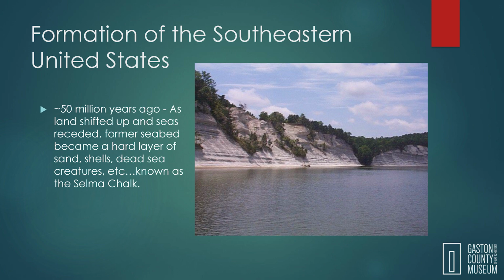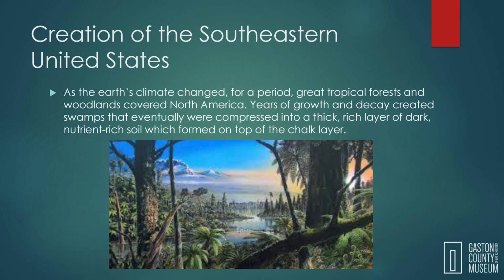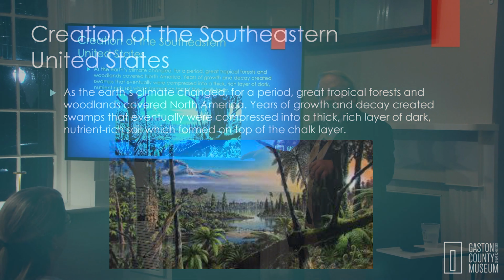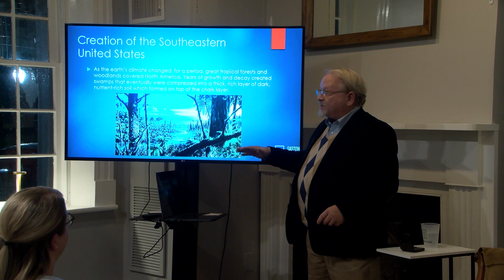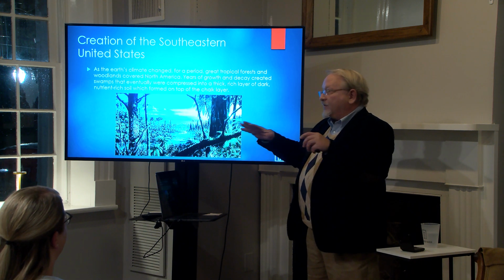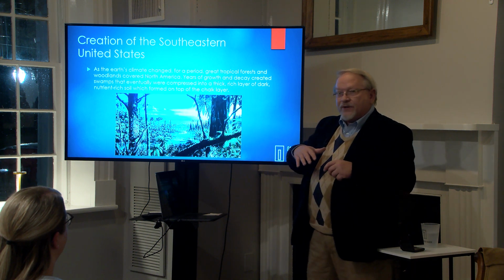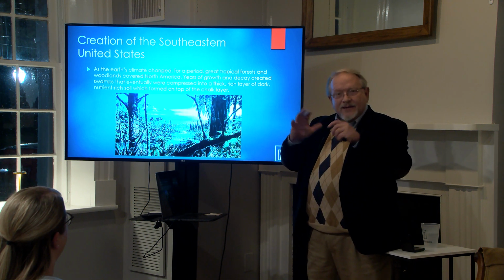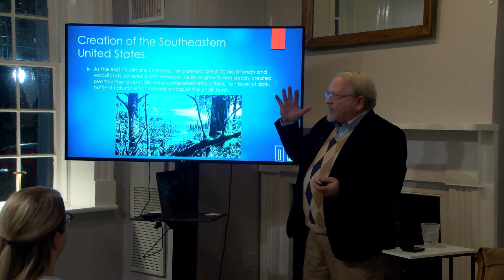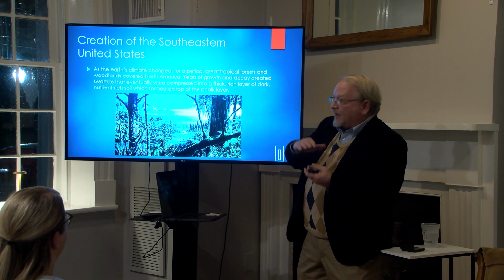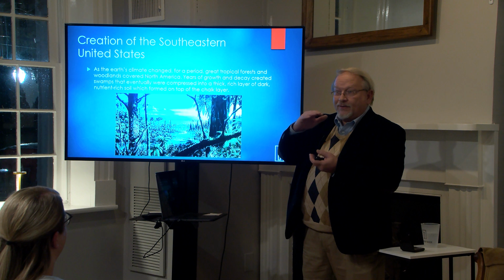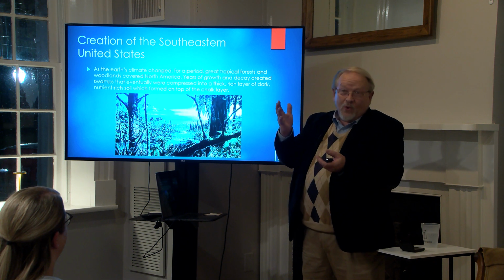However, from 50 million years ago to about 25 million years ago, climate changed again. And on top of that sea layer, that chalk layer, we had lush tropical forest covering the whole southeastern part of the United States. And over several million years of growth, decay, dying, growth, decay, dying, they created on top of that chalk layer a rich, dark layer of soil.